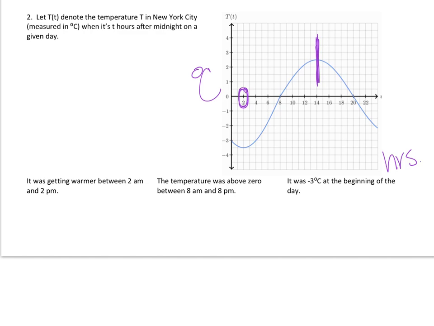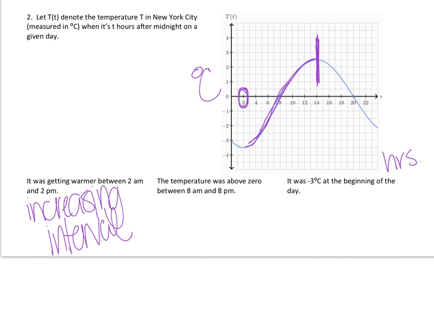So saying that during that time it's getting warmer, the temperature is going up, and that is happening where the graph is increasing. So that is our increasing interval.